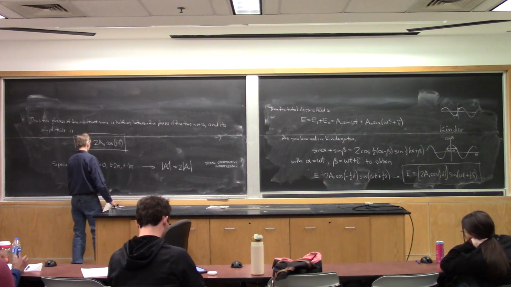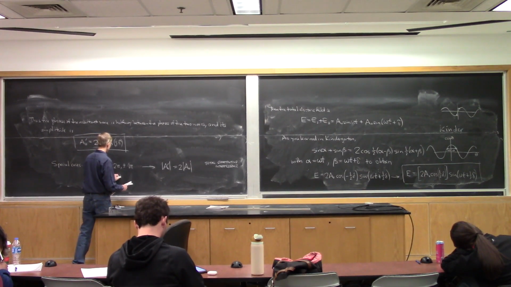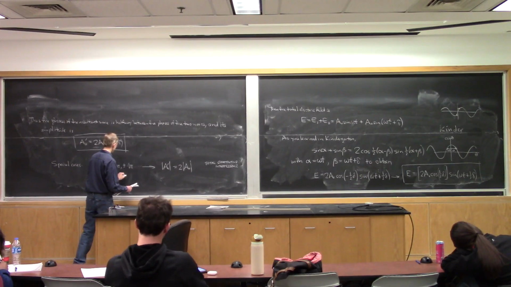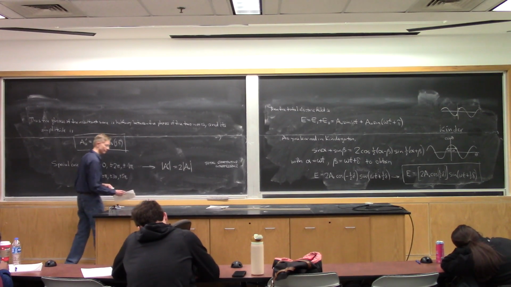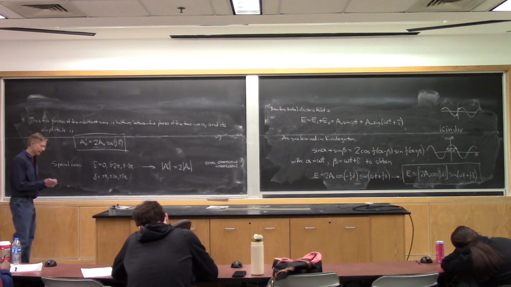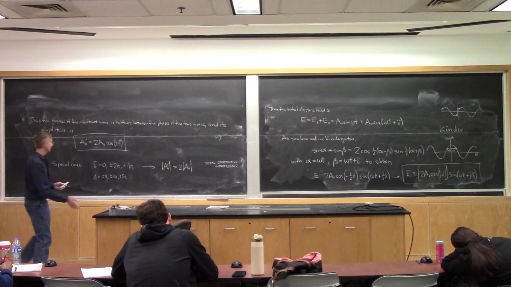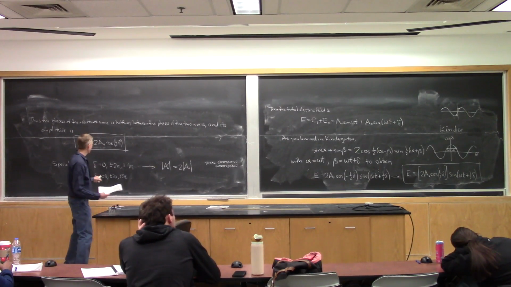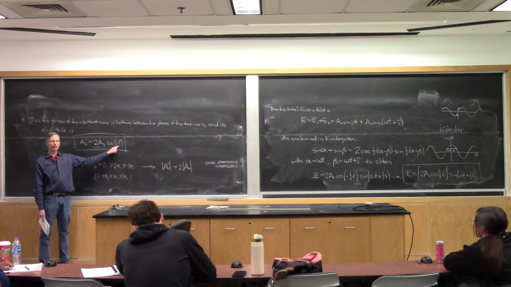And if delta is plus or minus pi, plus or minus 3 pi, plus or minus 5 pi, etc. Well, that's when they are completely out of phase with one another. In that case, if you put in pi, for example, cosine of pi over 2 is equal to what?